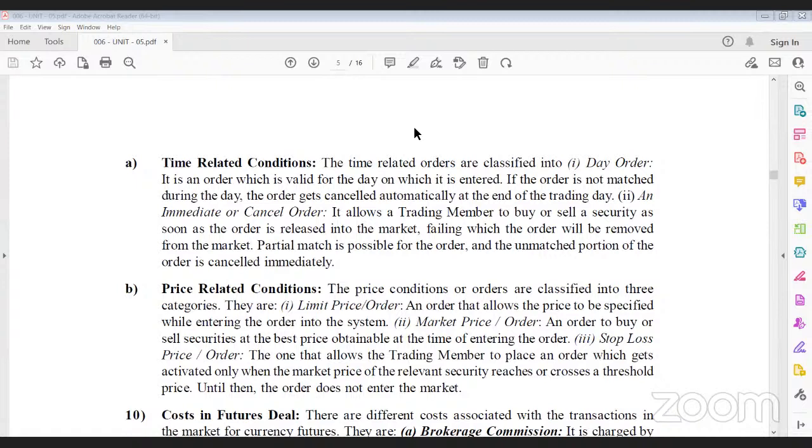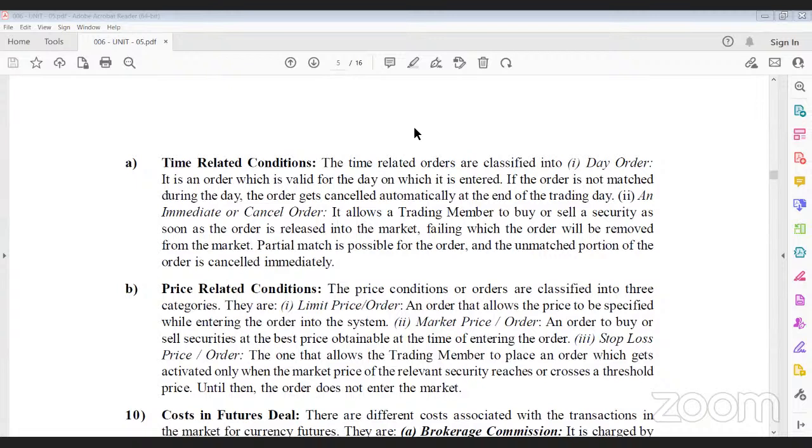Now, what is limit price? It is specified while entering the order into the system. When an investor or participant gets in, a price is quoted. That price, which is mentioned in the system, where the transaction is happening, is referred to as the limit price.